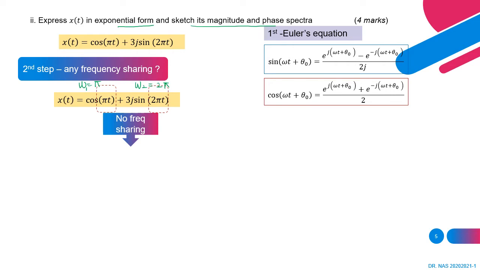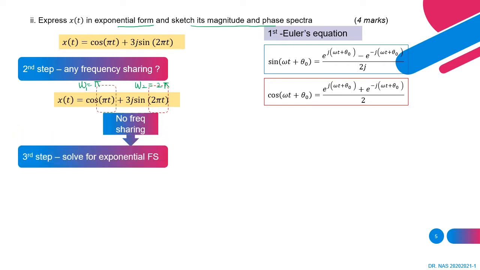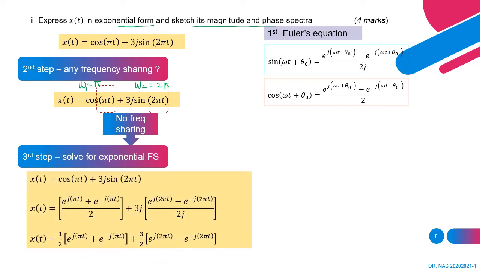When there's no frequency sharing, you can start solving the exponential Fourier series by converting the cos and sine function using Euler's theorem. The first component is cos, so it is e^(j pi t) plus e^(-j pi t), divided by 2, and for the sine component, 3j times (e^(j 2 pi t) minus e^(-j 2 pi t)) divided by 2j, and then simplify the equation.